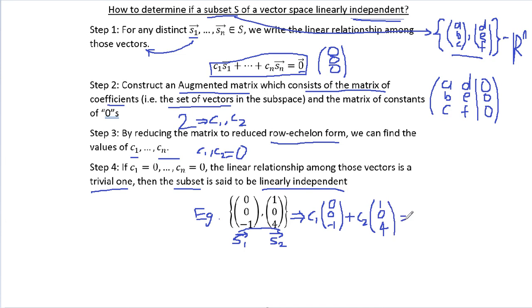So now you have 3 rows and 1 column. So it's 0, 0, 0.